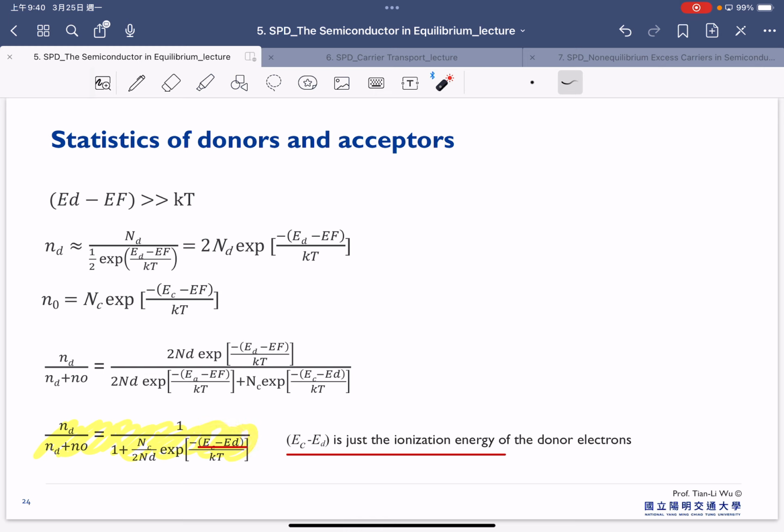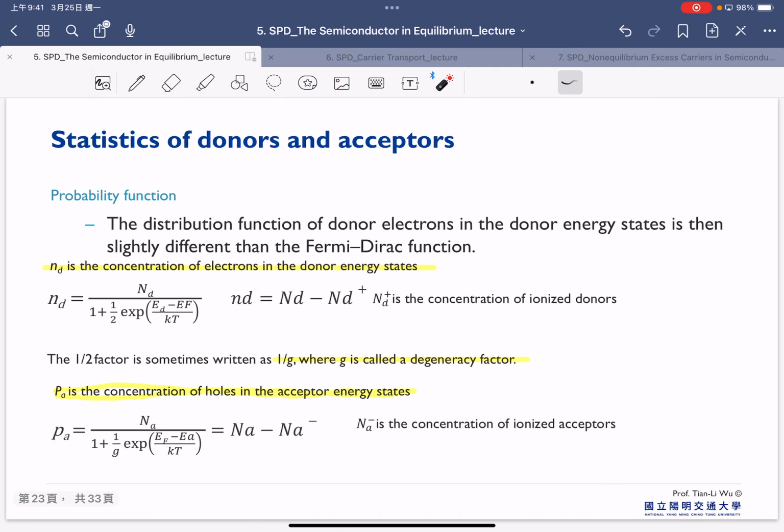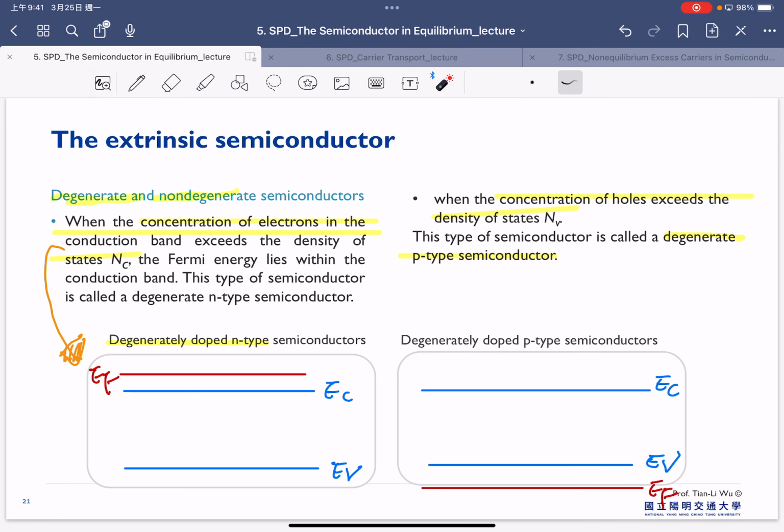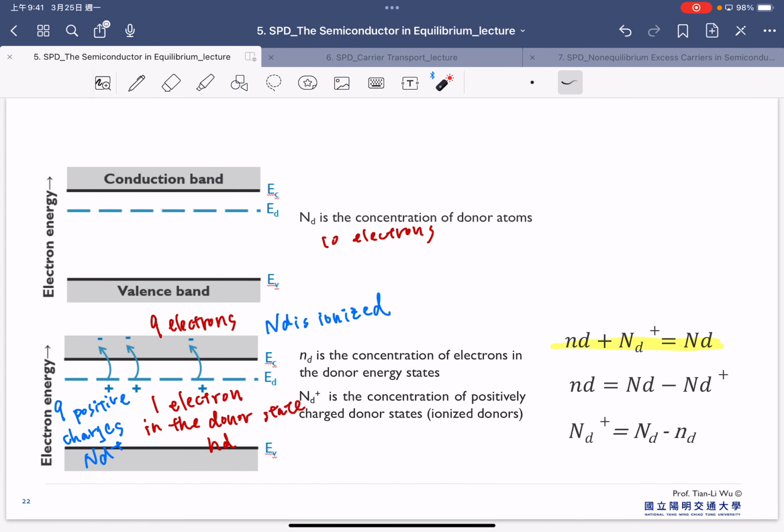That's why last week we had to define the term ionization energy, because in the end it correlates how many donors can contribute electrons. So this equation is very consistent with what we discussed. This is our ionization energy here.